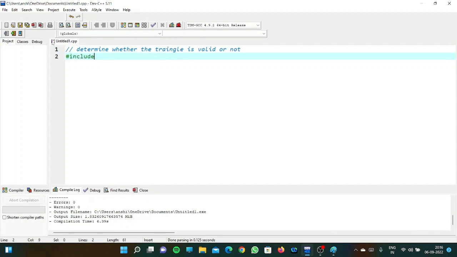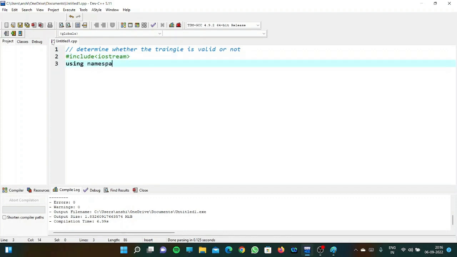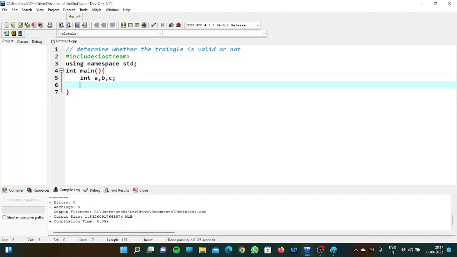So let's include our header file, our standard namespace, our start of the program, and then our integer A, B, and C, which is the value of the triangle.